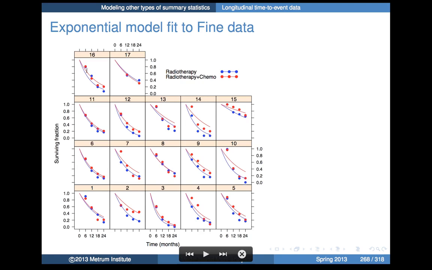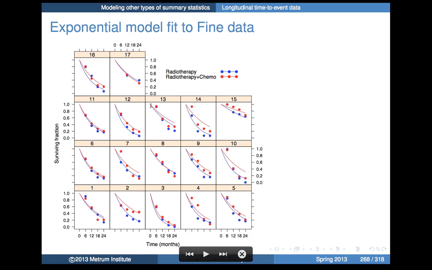Seems to me that when I look at this particular model, again, we're assuming these are exponential survival curves, that if we look at the early time points, the model is consistently underpredicting the observed data. We see it clearly here in study 14, in study 13, in study 12, in study 7, which gives us some indication that we probably want a model that has a little bit more curvature.